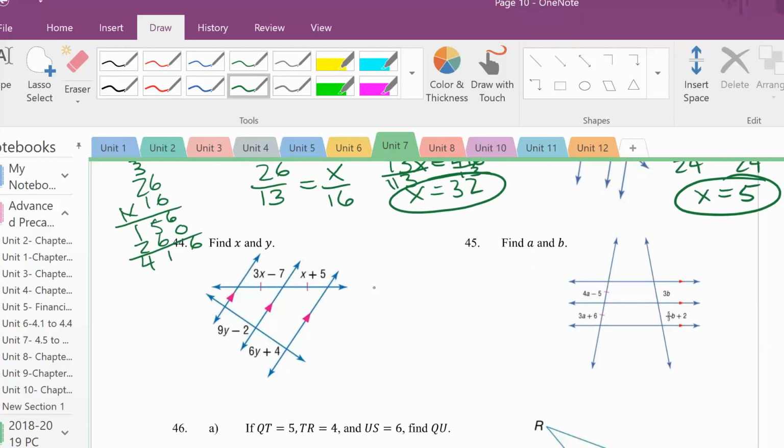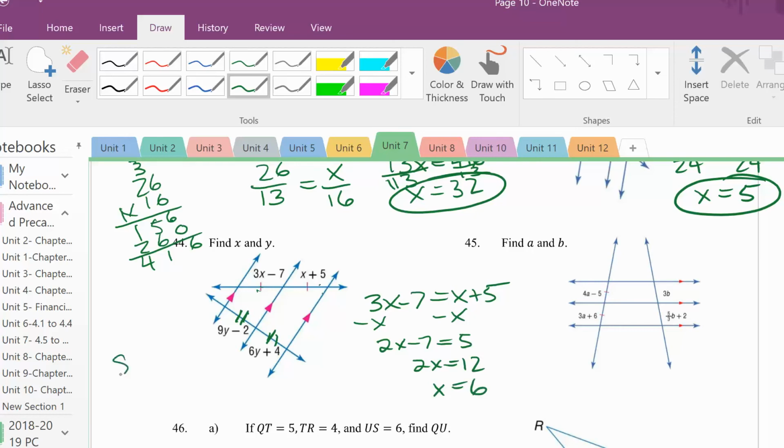So here, same thing, you can say 3x minus 7. Now, because these parts are congruent, these parts are going to be congruent. So 3x minus 7 is equal to x plus 5. So 2x equals 12, and x equals 6.